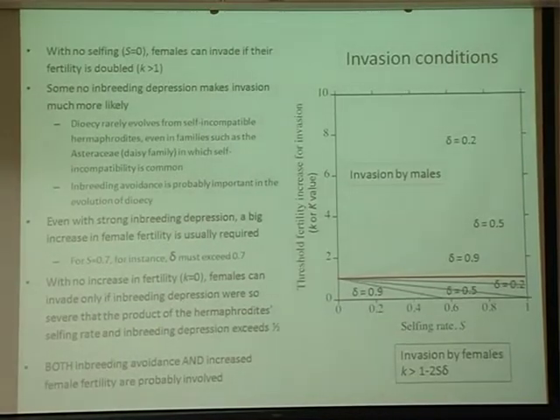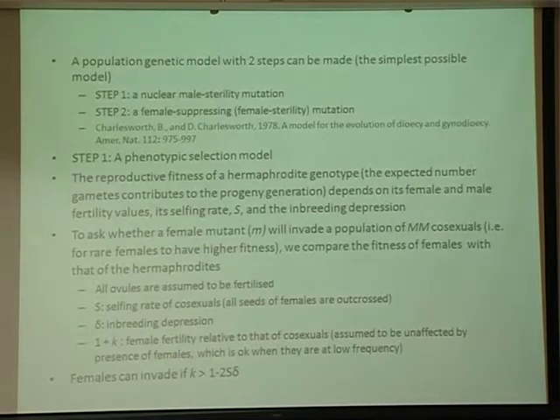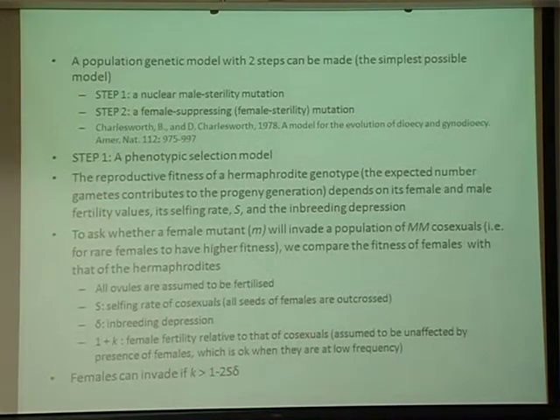I'm not going to work that out, but perhaps I should say that intuitively it makes sense because the cosexuals lose progeny through self-fertilization and inbreeding depression. They put two of their gametes into each self-fertilized progeny, and those are discounted by the deaths or loss due to inbreeding depression. So their female fertility would be lower than output.